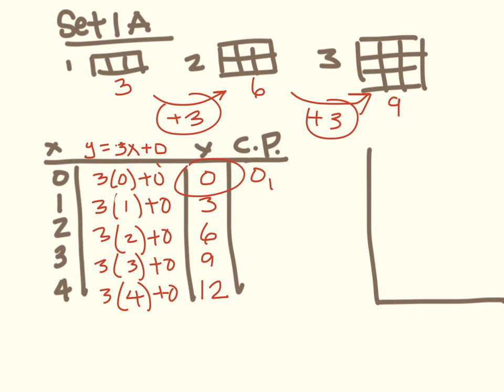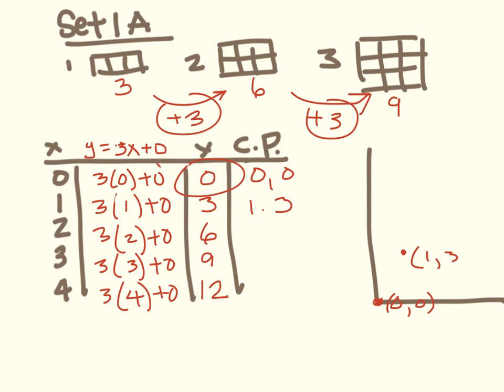This is 0, comma 0, which means when I plot it, it's going to be right there. That's my first dot, 0, comma 0. My second is 1, comma 3, over 1, up 3.